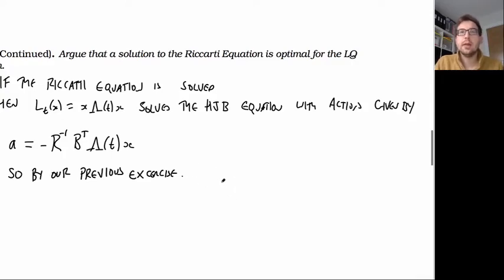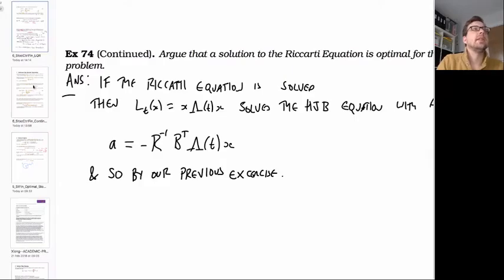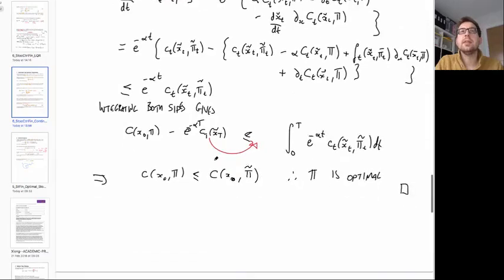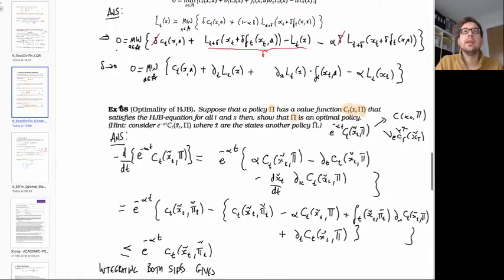okay, so let's just get the actual exercise itself. So it was this exercise at the bottom here, exercise 68 on the optimality of the HJB equation, which said if we can find a value function that solves the HJB equation, then it's optimal.